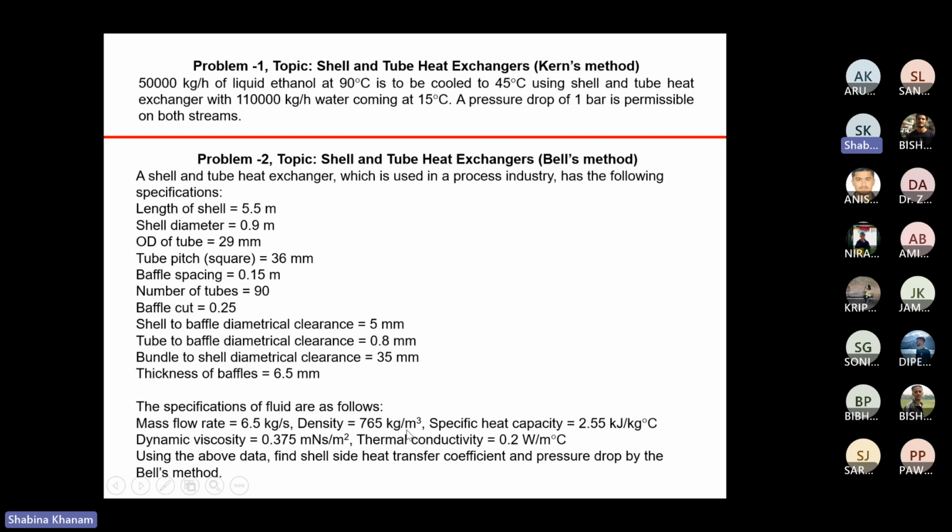Because when you are considering the solution, even Kern's method or the complete heat exchanger design, it will take at least 2 hours or more than that. So I will give you sufficient time to solve these two problems, and the solution of these two problems I will discuss on Sunday, on 25th.